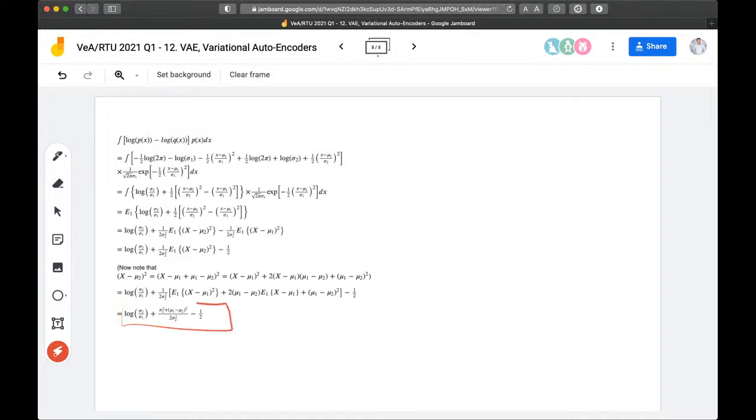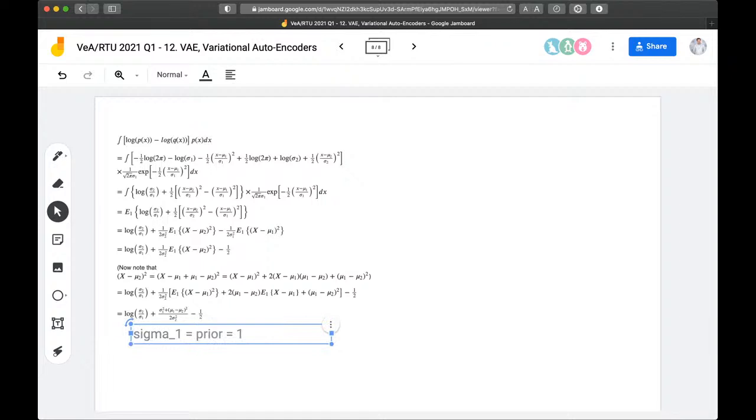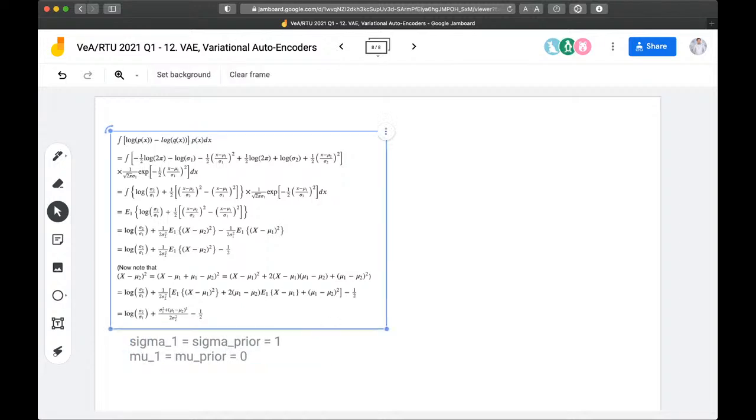Here, sigma 1 is the prior, we can just call it sigma prior, and mu 1 is the mu prior, which is 0. And sigma 2 and mu 2 are what our model generates. That's great, that is this part.